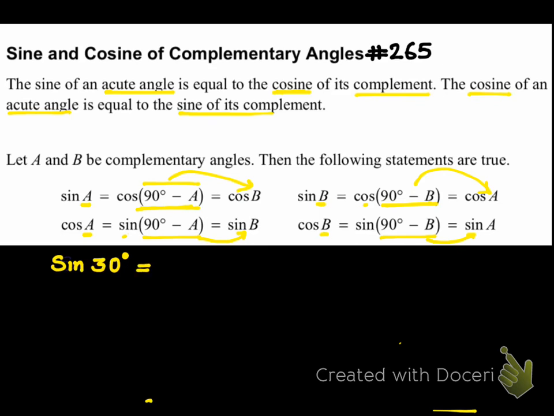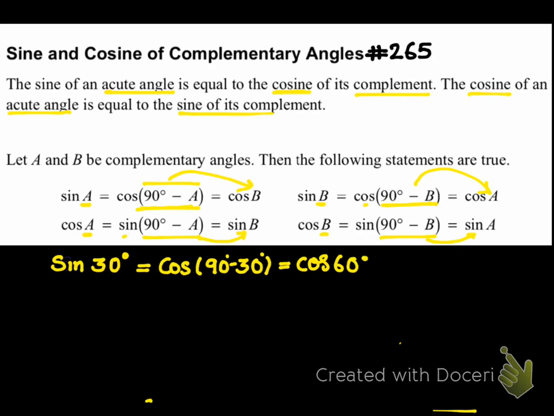That will be cosine of, this is 30, so this is going to be 90 minus 30. Just take the complement of that angle, and now I can solve it, 90 minus 30 is going to be 60. So this is going to be cosine of 60 degrees.